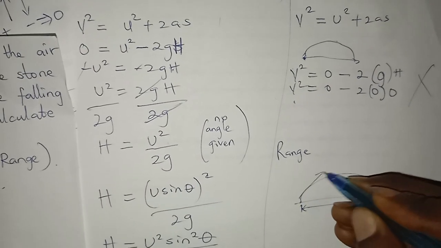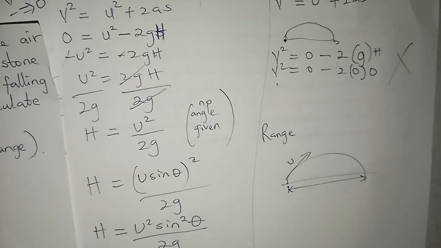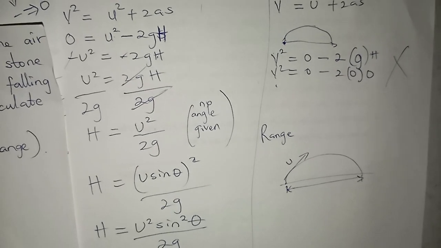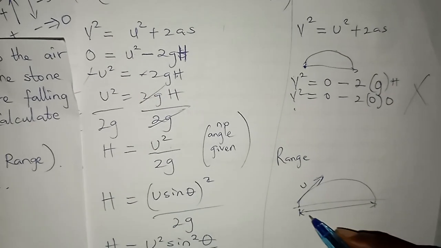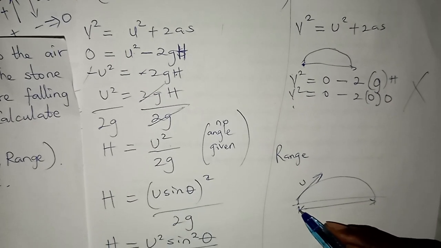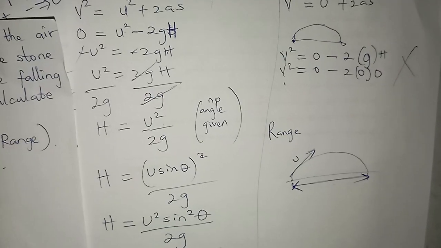There's only one initial velocity, so range talks about the initial velocity with which it is launched and the time it took from this point to get to this point. That is the total time of flight.